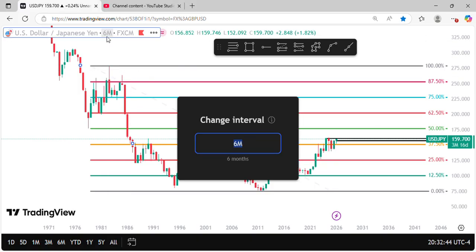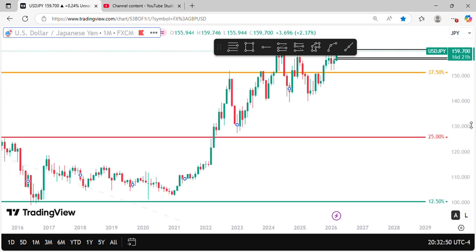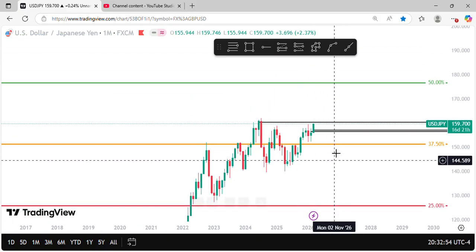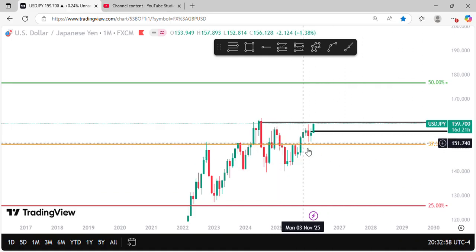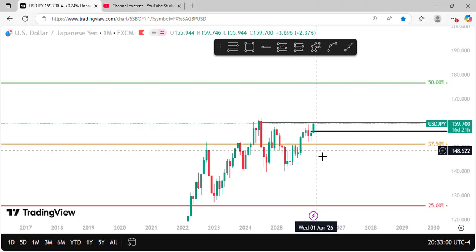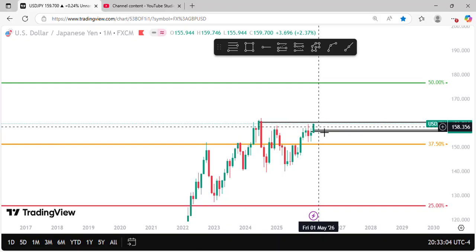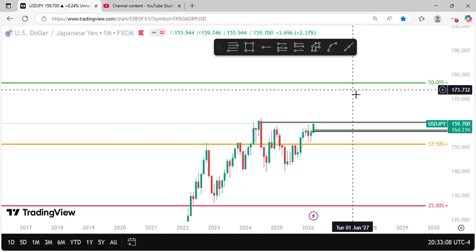Okay, so now let us move into the monthly time frame to see what price is doing. So at the 37.5 DRT level of that range, we see that price had this fair value gap and this order block. We failed to come into this order block and we are moving up. Okay, so the idea is that we are going into the 50 DRT level.